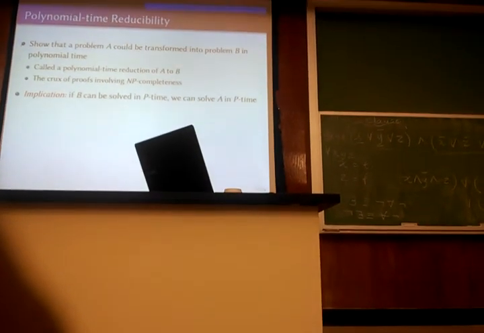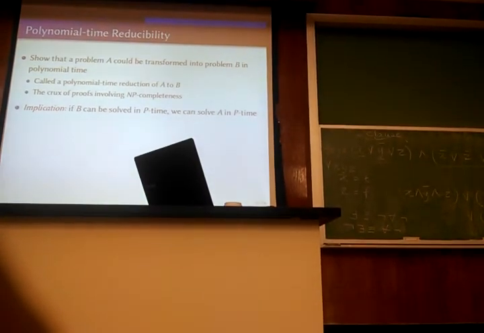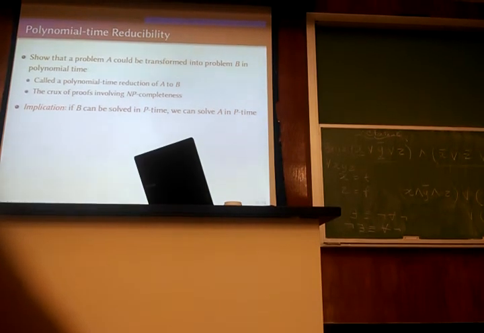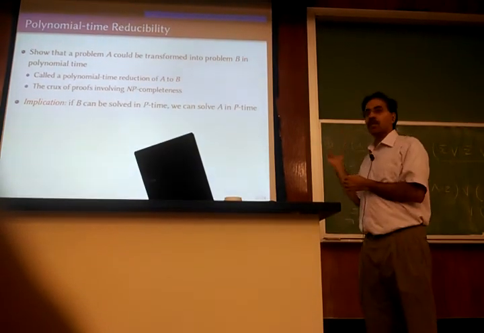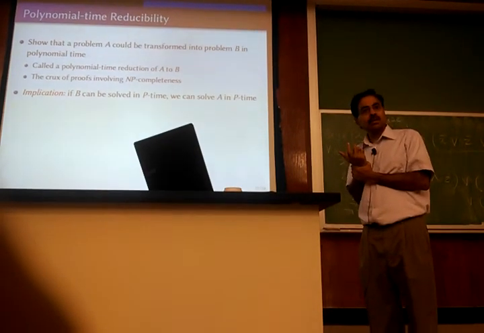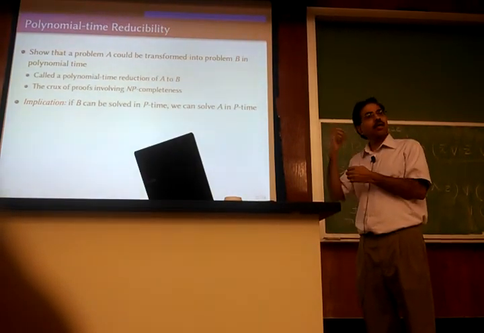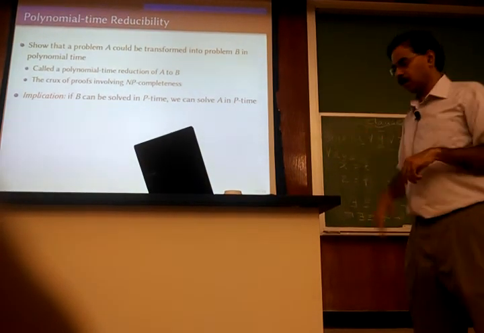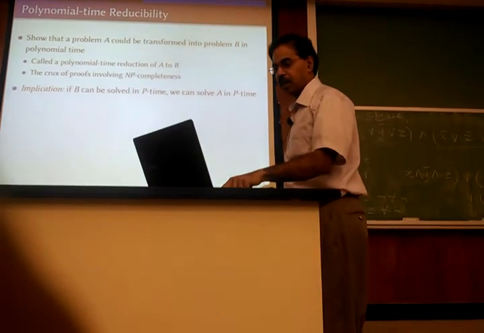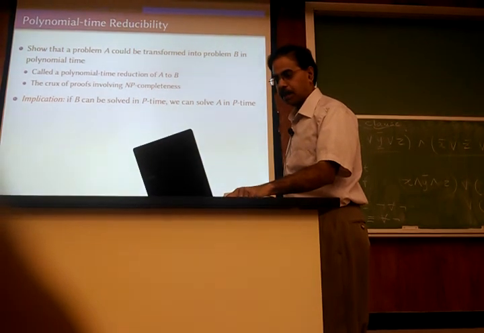To prove that some problem is NP complete, you will show that any NP problem can be reduced to this NP complete problem, or you can take some other single NP complete problem and show that it can be reduced to the problem that you want to prove to be NP complete. Okay?